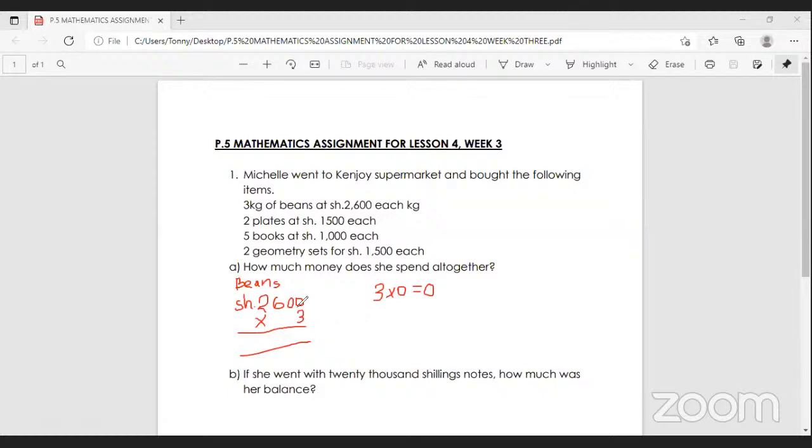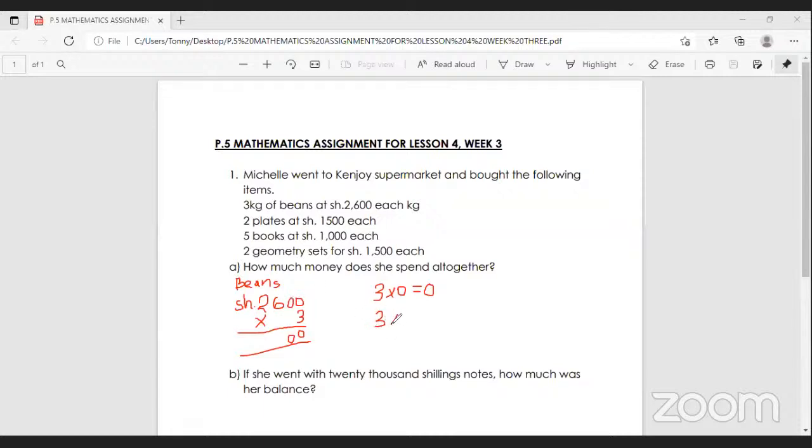Yes. Okay, so here we put 0. 3 times 0 is 0. Then we go to another 3 times 0. What do we get? 0. Very good. Then we go to 3 times 6.